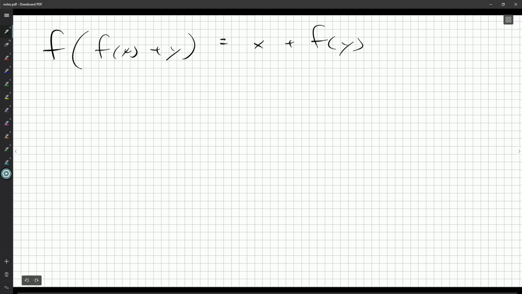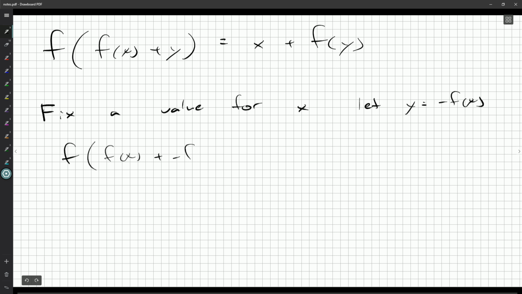Another thing we could do is fix a value for x, and then let y be minus f of x, and that actually makes a 0. And so we've got this nice property, and f of 0 is constant, so that's kind of interesting.